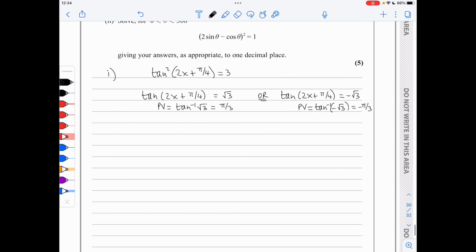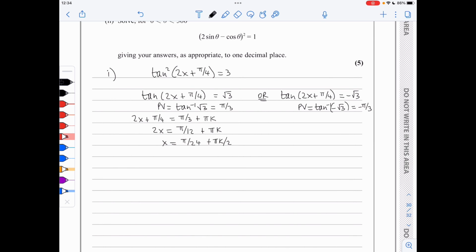This means that for the first equation, we've got 2x plus pi/4 is pi/3 plus pi k. So 2x, I'll do pi/3 minus pi/4, which is pi/12 plus pi k. And then I'll divide everything by 2 to get x is pi/24 plus pi k/2.